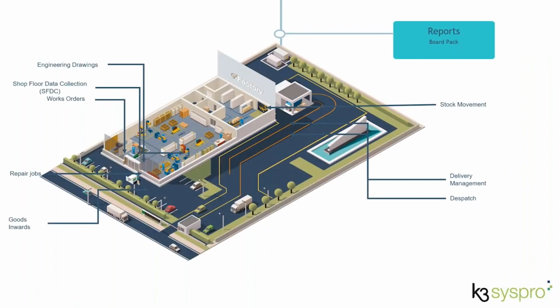we all live in a world that has something related to this. We might have a factory, we might have distribution, engineering drawings, some repair jobs coming in. We've got lots and lots of dispatch going on, and we've got reporting board packs. So all of that is happening in our businesses on a day-in and day-out basis. And we've got various users wanting different elements to consume.